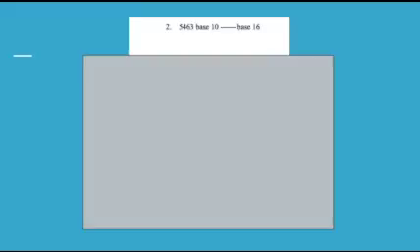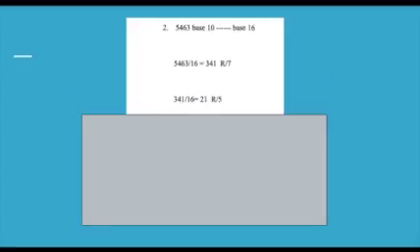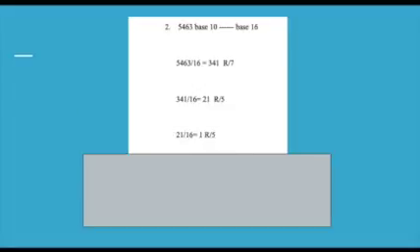Let's do this problem step by step together. So it's 5,463 base 10 converted to base 16 hexadecimal. First you do 5,463 divided by 16, which is 341 rounded down with a remainder of 7. Then you bring down the 341 and divide it by 16, that equals 21 with a remainder of 5.